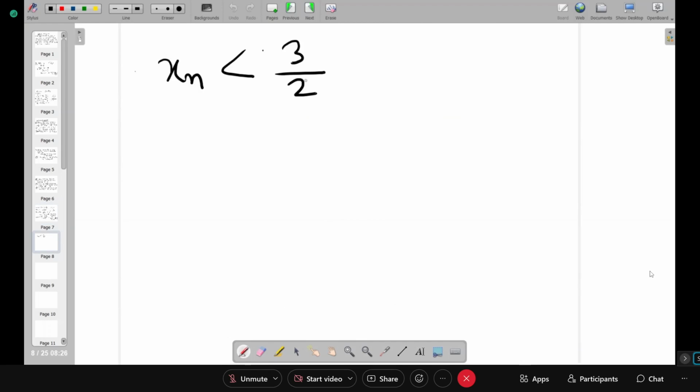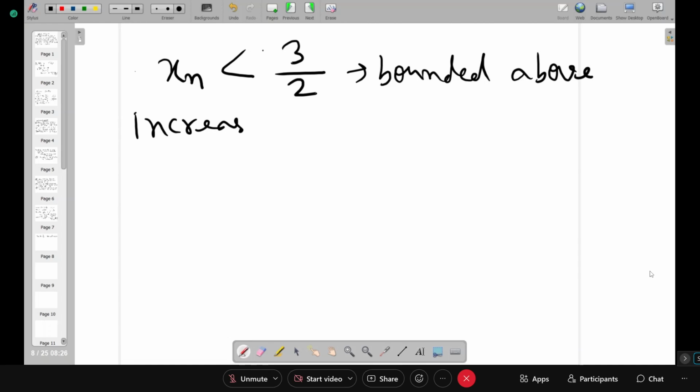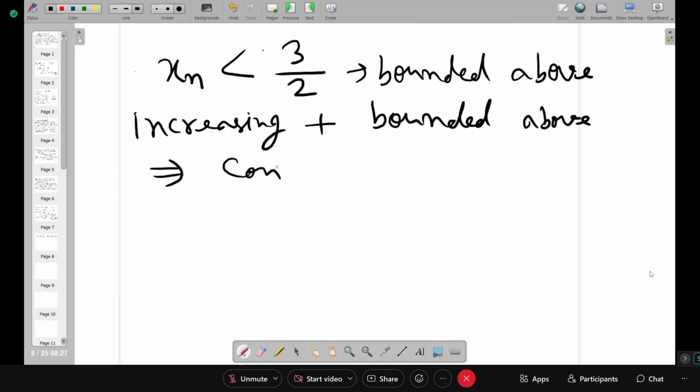Okay, so 3 by 2 is the bounded above element. So here you are able to see that the sequence is increasing plus a bounded above element exists. So this implies the given sequence is convergent.